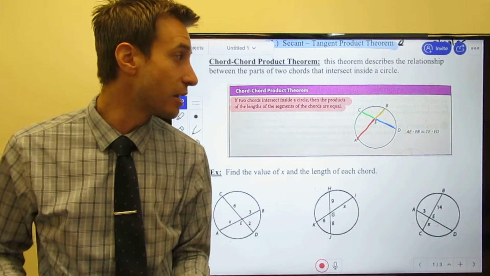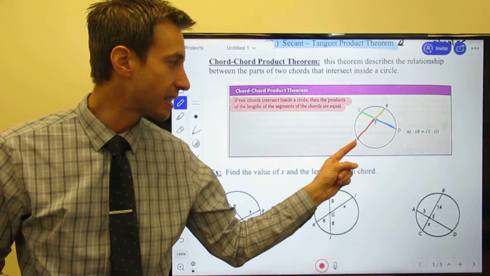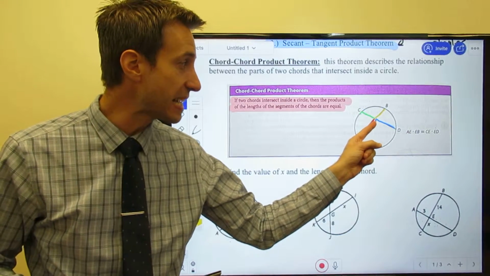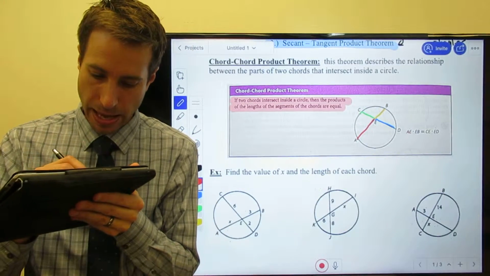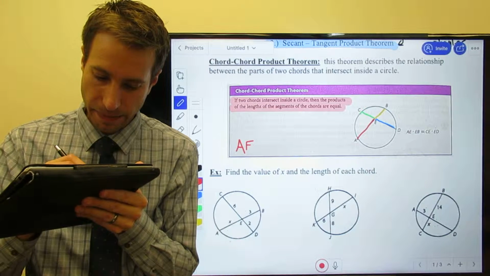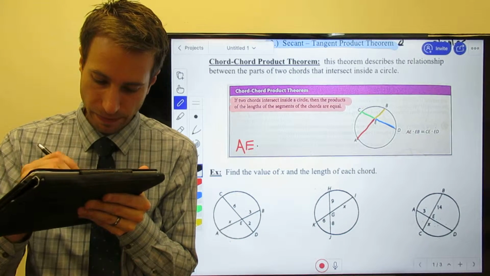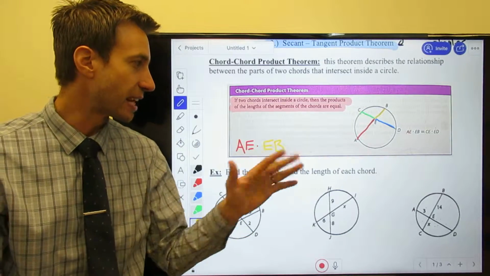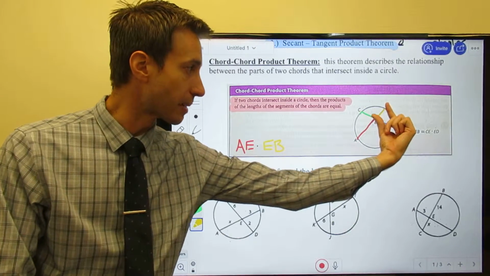Here's what the theorem says. If I take segment AE and multiply it by EB, so AE times EB. I apologize, that yellow may be a little bit difficult to see, but it's just that segment right there, EB.